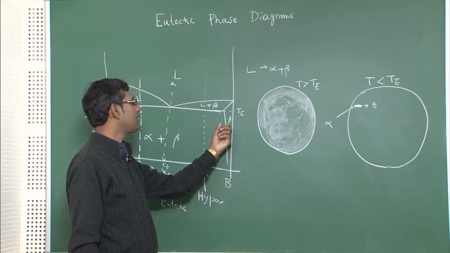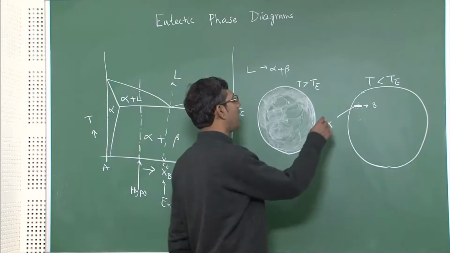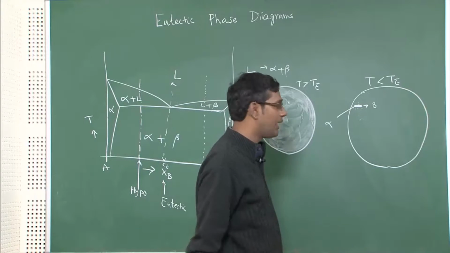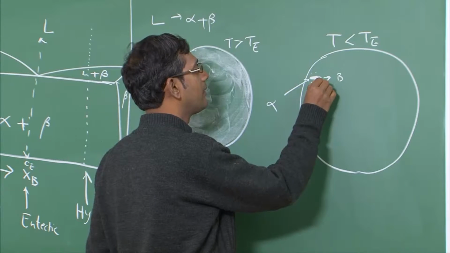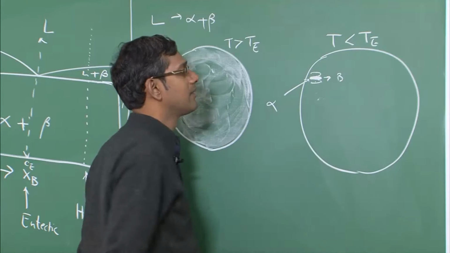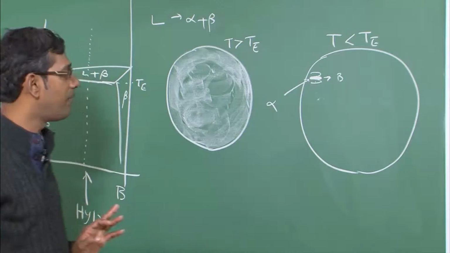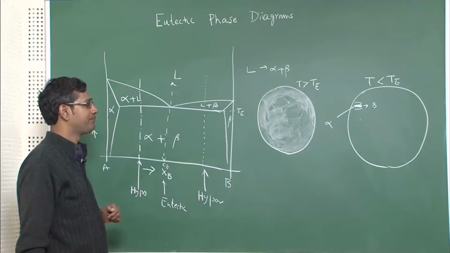So beta has more B, less A. Because the concentration of B increases on both sides, beta will nucleate after some time and grow like this. As you see, on both sides of alpha I have drawn two lamellae of beta.